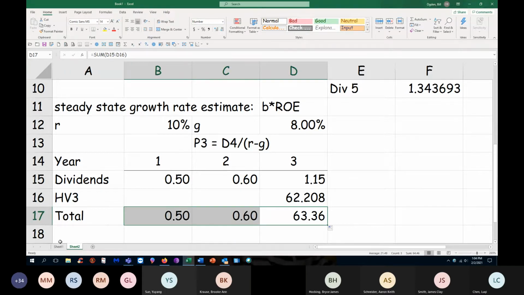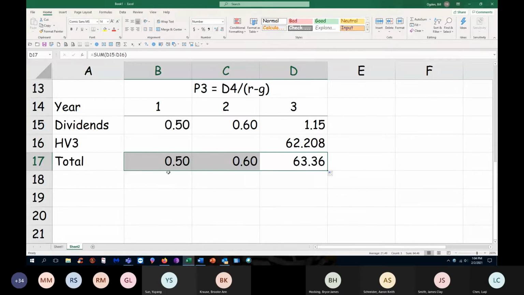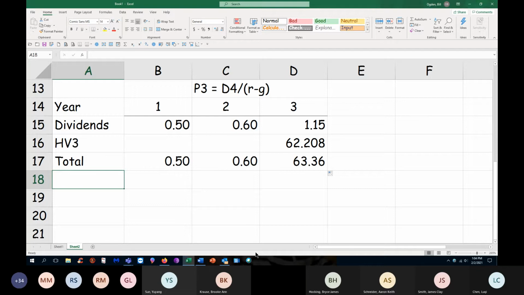Anyway, okay, so now we're going to take the present value of 50 cents 1 year from now, 60 cents 2 years from now, 63.36 3 years from now, right? And so we will use price equal to the present value.